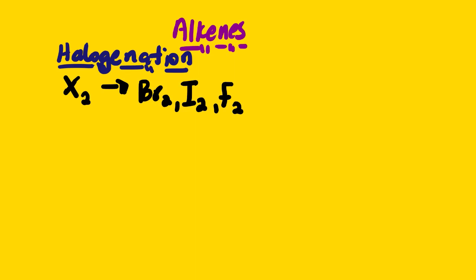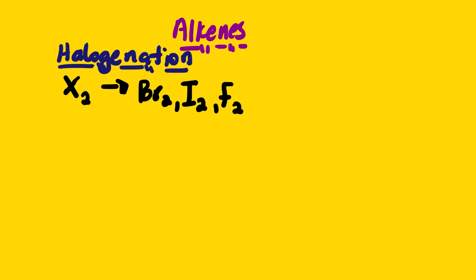You should know that when you talk about halogenation of alkenes, we are talking about when we add these halogens onto an alkene to form a product. Like I said, we are just going to be going through the basics of this reaction. In the next lesson video, we'll be looking at the mechanism.